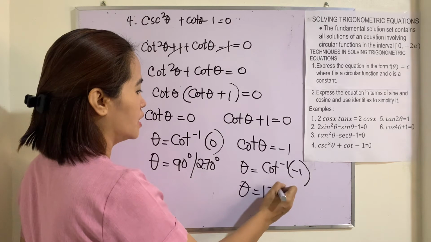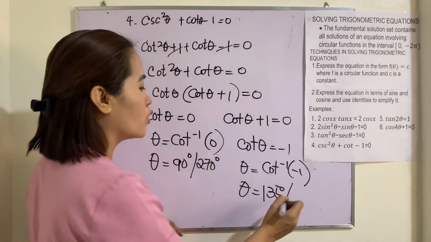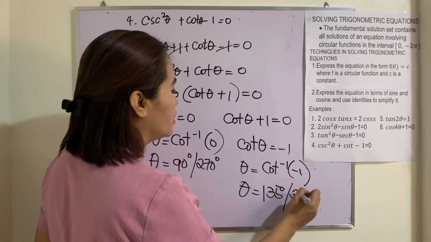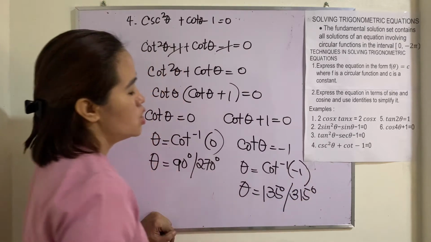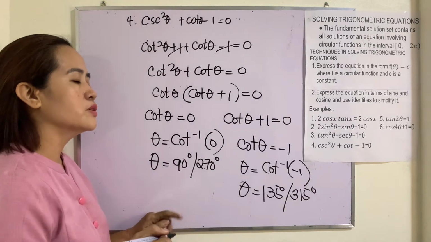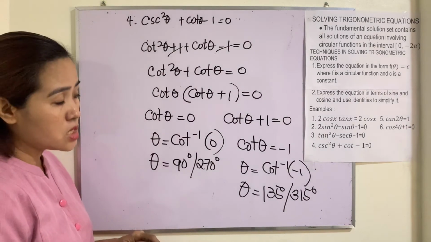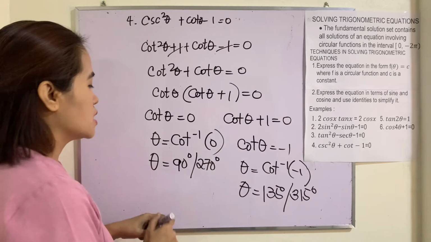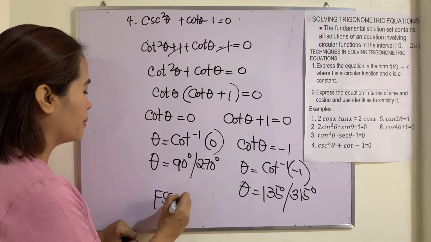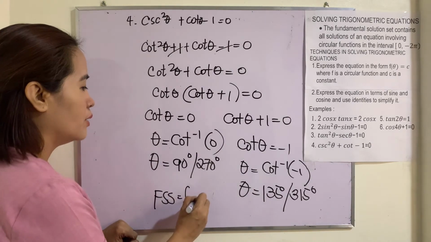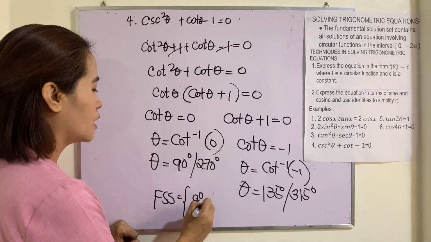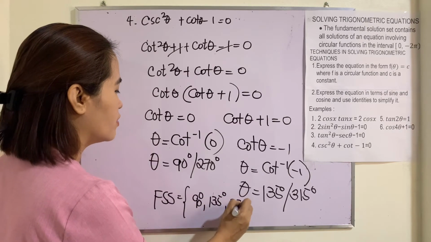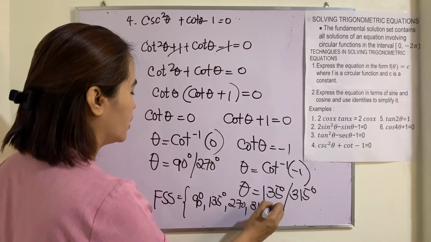So that is 135 degrees and of course, we have 315 degrees. So if you press it in your calculator, you just get arc tangent of negative 1. So therefore, our FSS, fundamental solution set, will be 90, 135, 270, and 315.